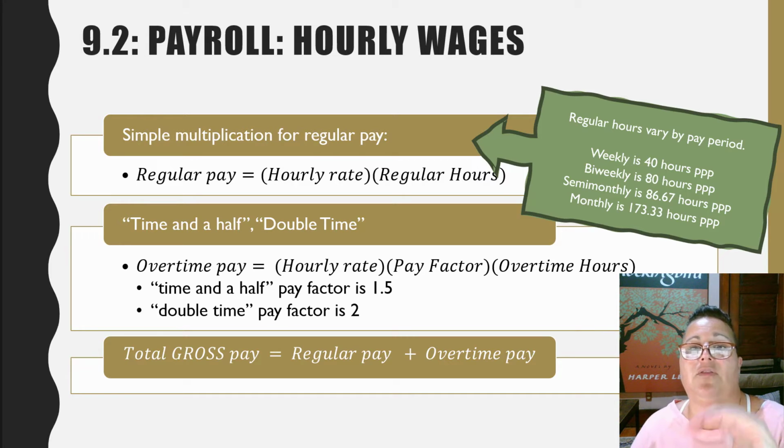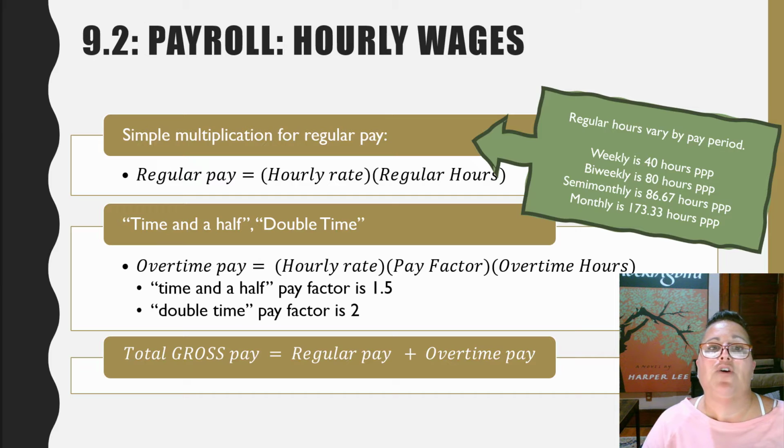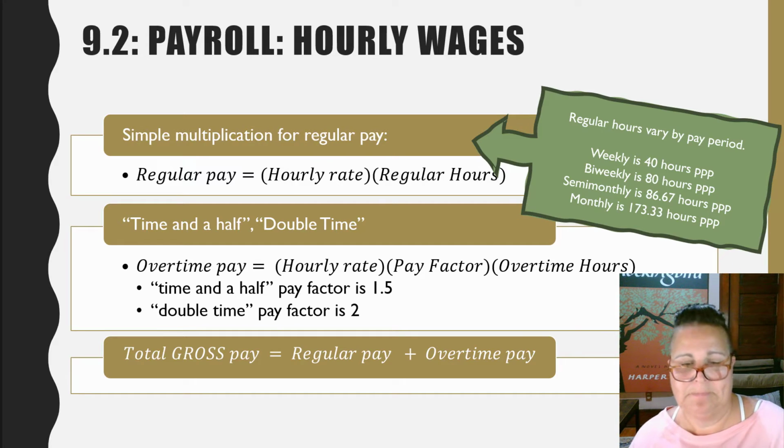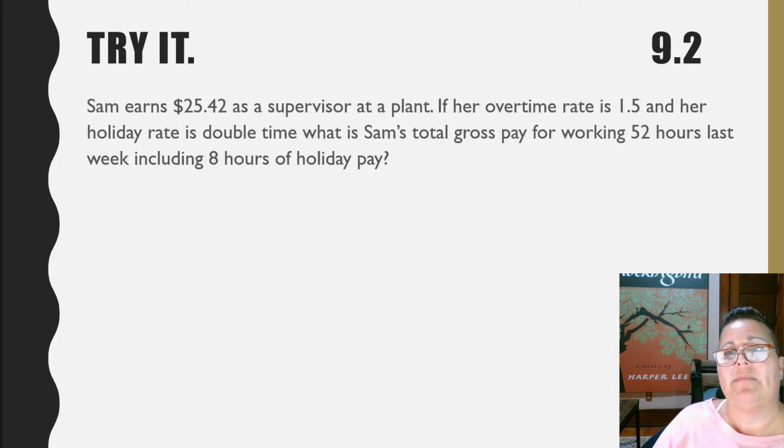That doesn't meet the threshold of 80 hours for overtime pay. Now, I know most of the time we think anything over 40 is overtime, but it can depend upon your pay period and the way your employer has things structured. Okay, just be aware.